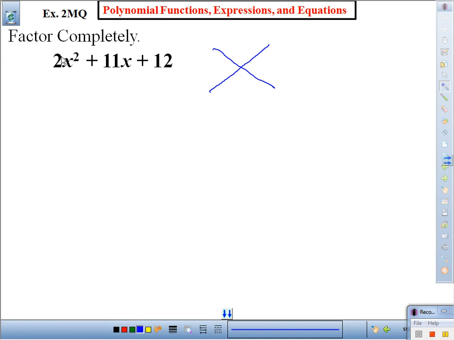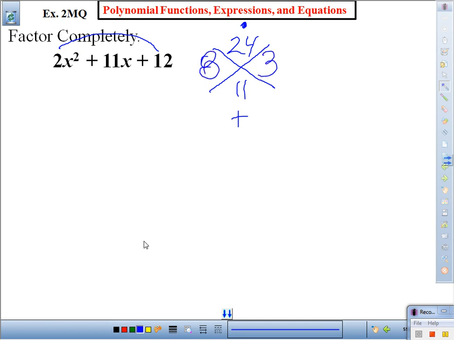This one has a 2 right there. What do I do with that 2? Multiply it times the last term, and that gives us 24. Middle term, 11. Yeah? And then from there, everything's good. Factors of 24 that add up to 11?